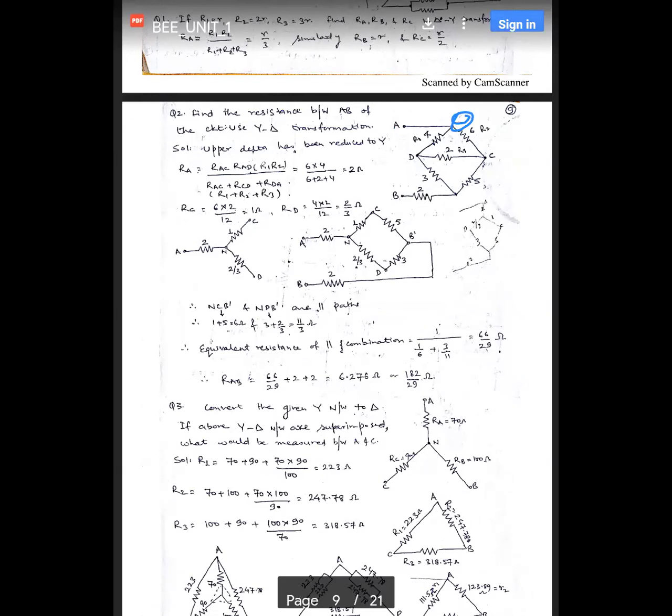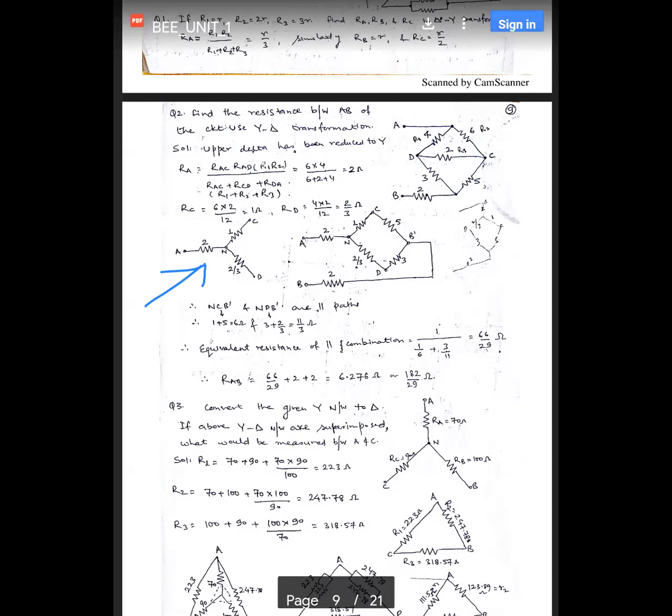Now you can see that this is ACD. This ACD is having the shape of a triangle or delta. So we can resolve this delta ACD into a star ACD. In this fashion we have converted into a star.